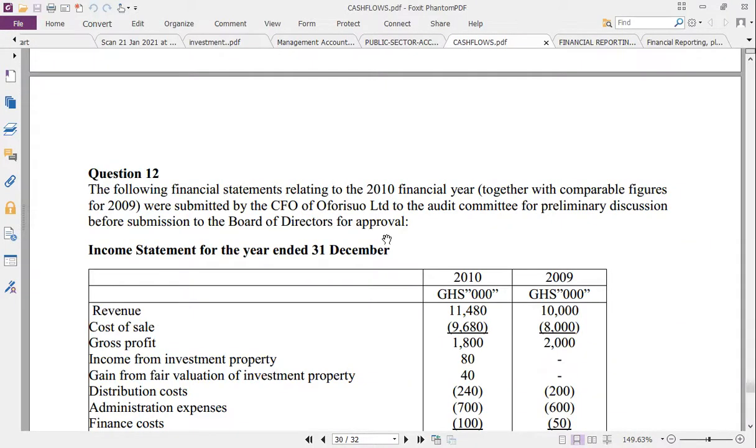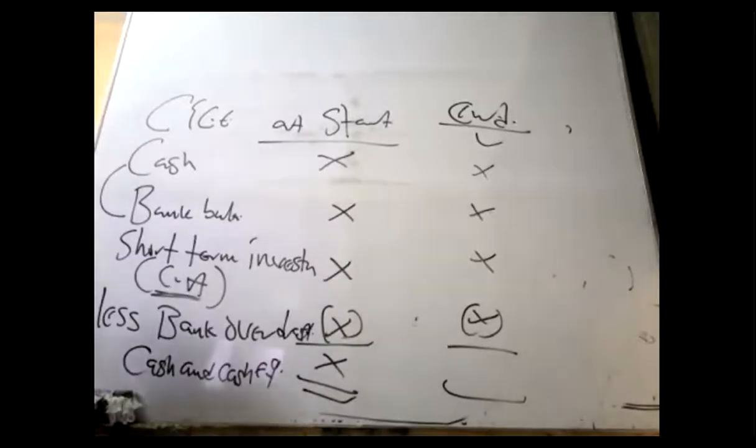As usual, in cash flow, there will be rough work. So I'll go straight to the requirements to stimulate my appetite. Let's read the requirements, additional information, and scan the financial statements.